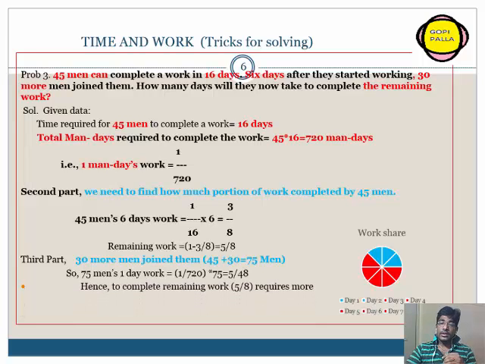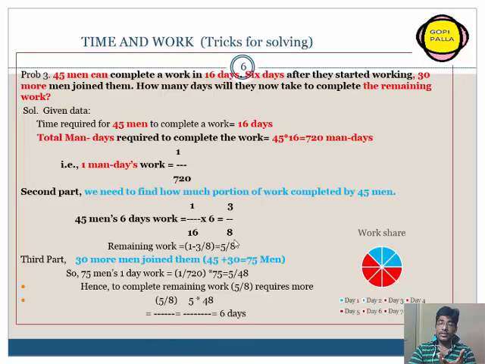So here 5 by 8 is the work left over, and 75 men's 1 day's work is 5 by 48. To complete the 5 by 8 of the remaining work, it requires more people, because 5 by 8 is the major part left.